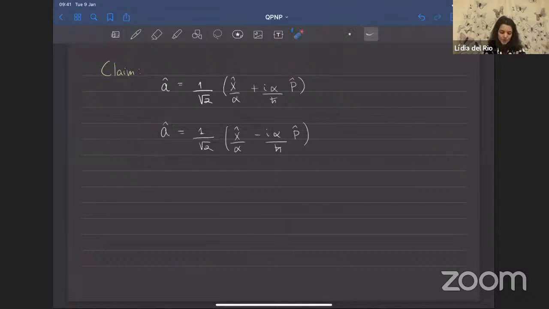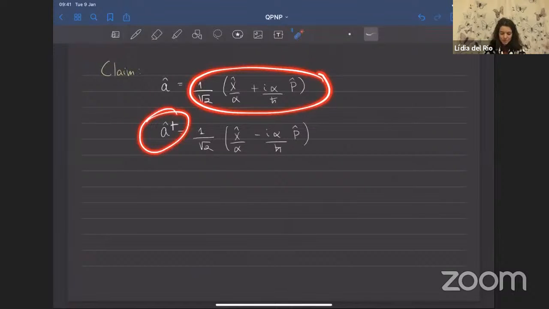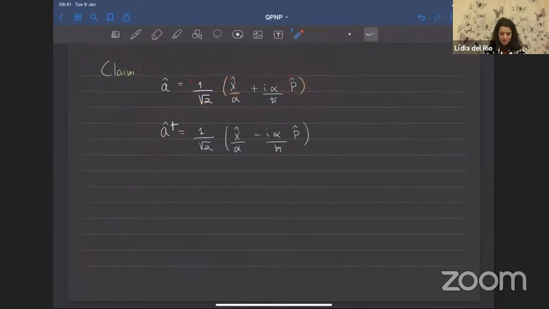In fact, we only need to prove it for the first operator. Oh, sorry, because the second is a dagger, which means it's the transpose conjugate of this, which, because x and p are Hermitian, just means that you flip the sign on this complex number.